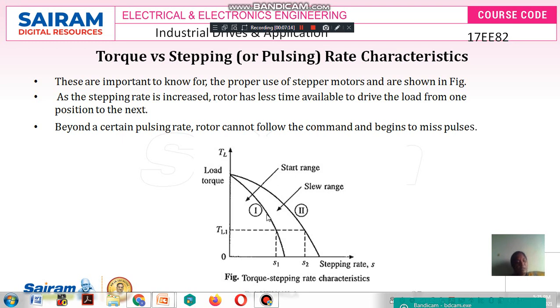One more thing you should know. Similarly, if you want to stop or reverse the motor in the slewing range, the motor must be carefully decelerated to some speed within the bidirectional capability.